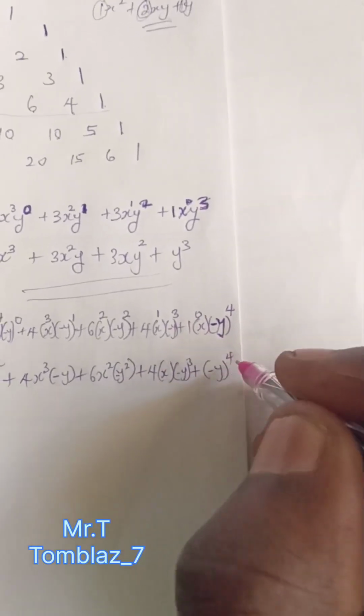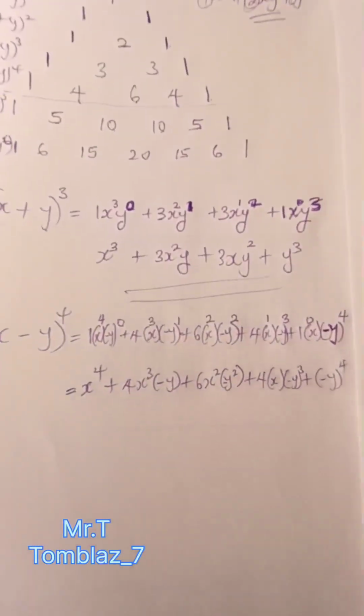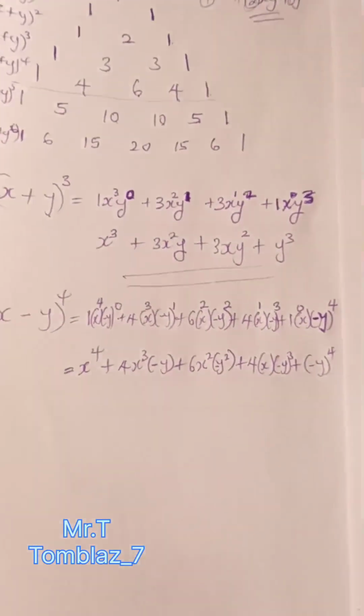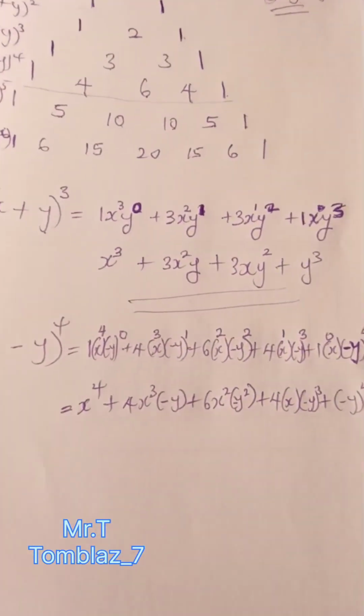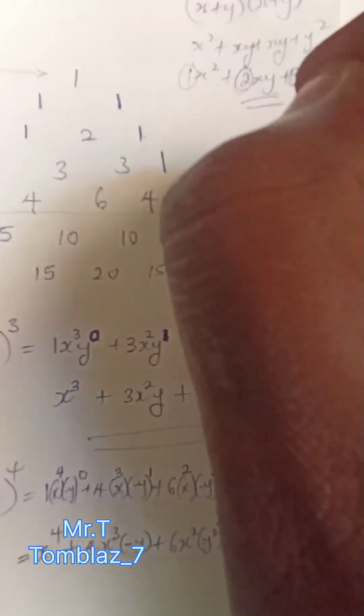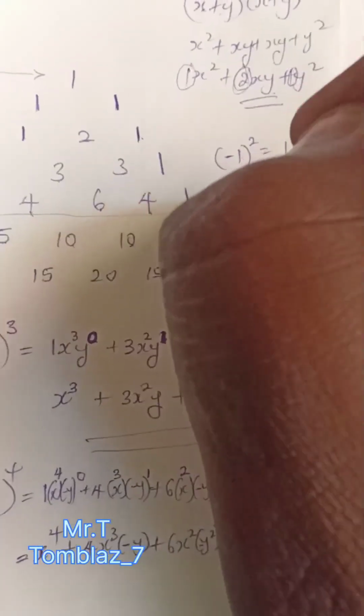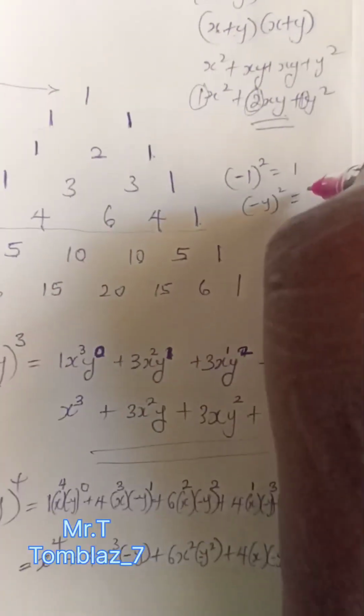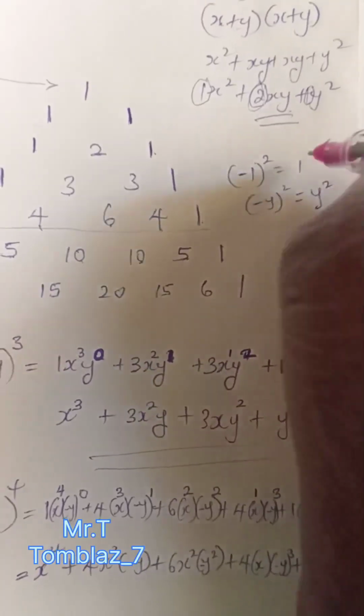Minus y raised to the power what? 4. Now we should recall that a negative number raised to an even power will still remain positive. So like minus 1 raised to the power 2 will still be 1, right? So minus y raised to the power 2 will still be what? Y raised to the power 2.